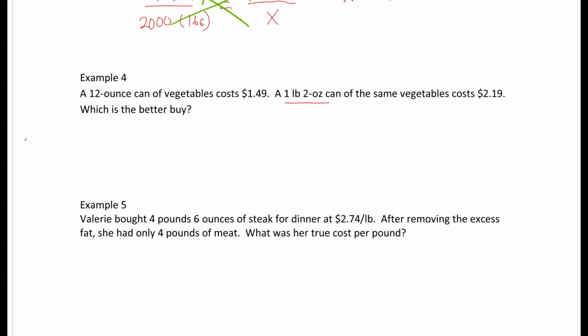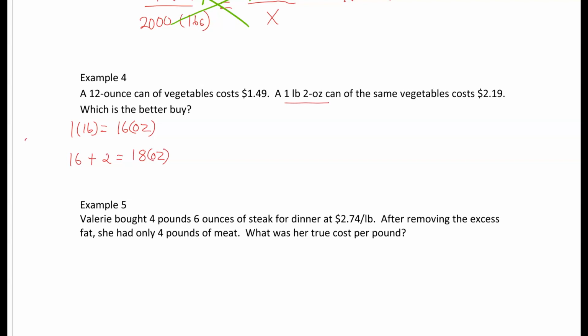If 1 pound is equal to 16 ounces, we can do 16 plus our 2 ounces, which equals 18 ounces in total.